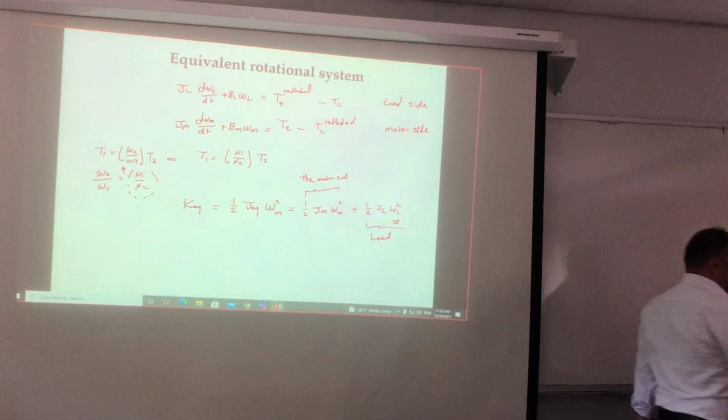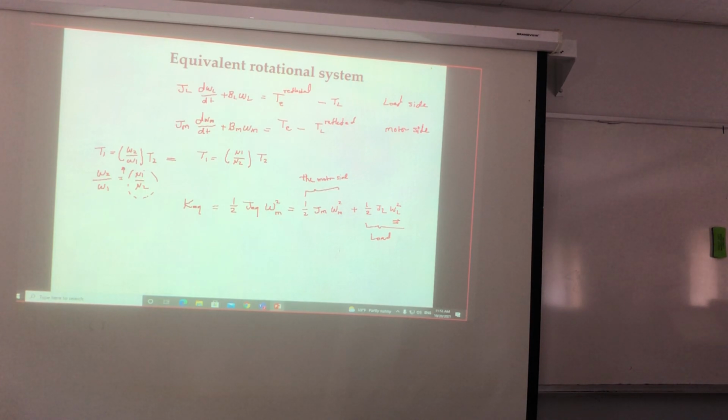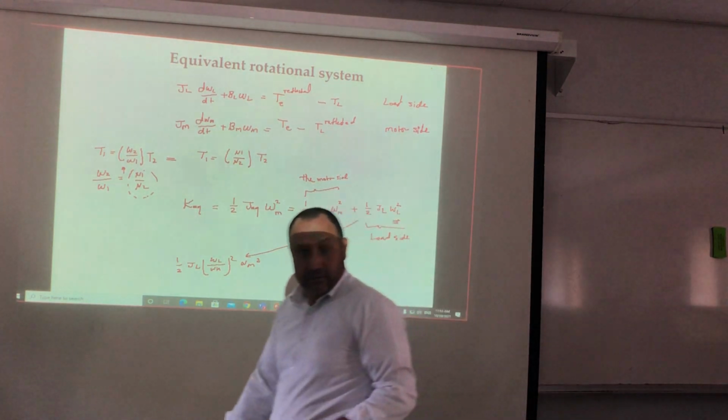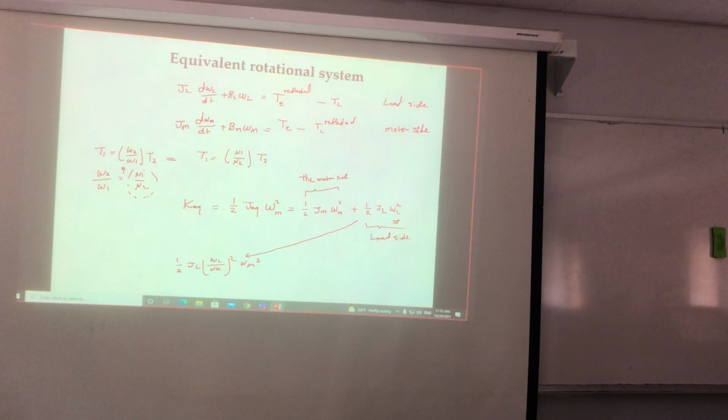So simply I will take this one here and say 1 over 2 J L times omega L over omega M, all squared, multiplied by omega M squared. Did I change the equation? No, it's the same equation, correct?